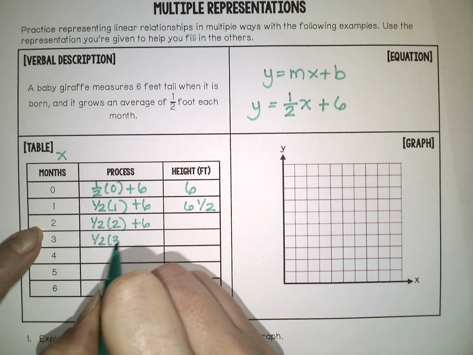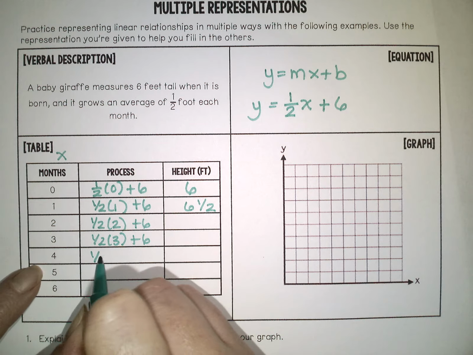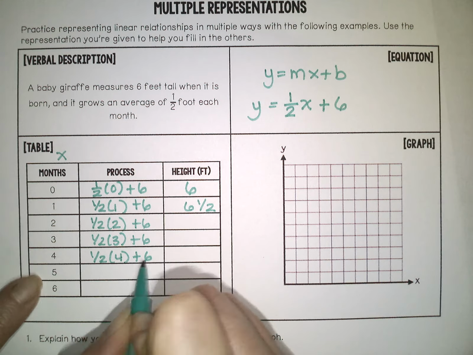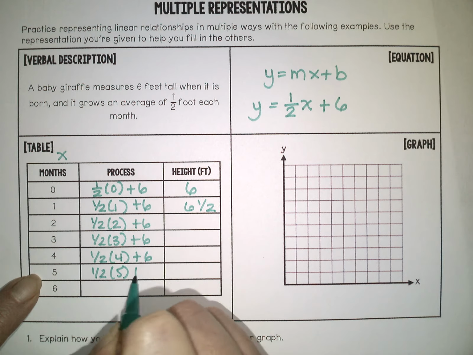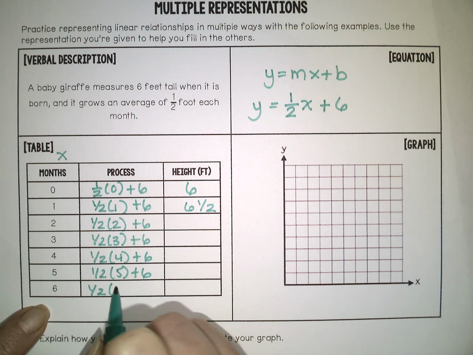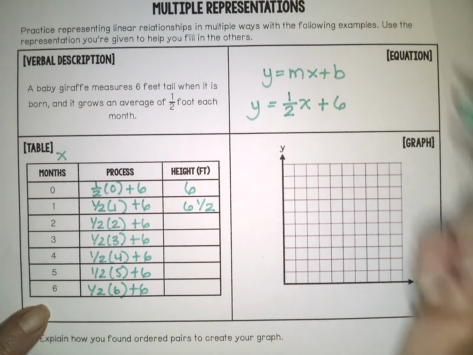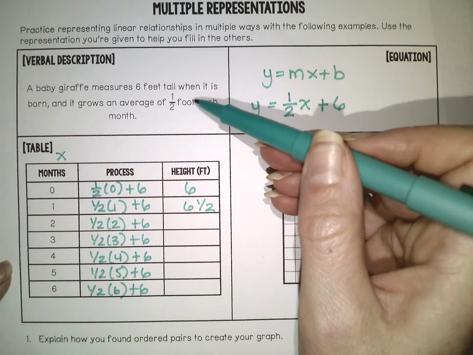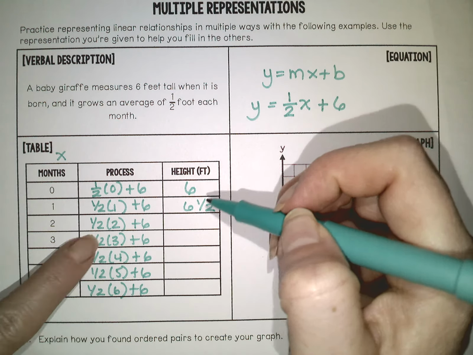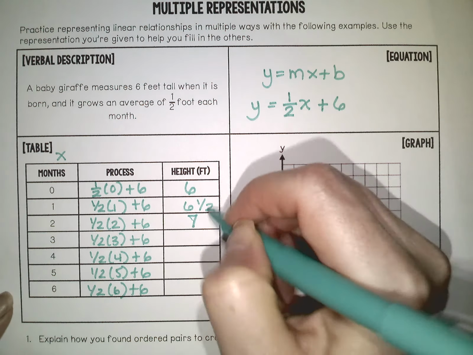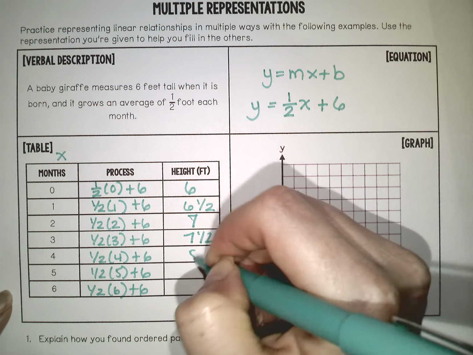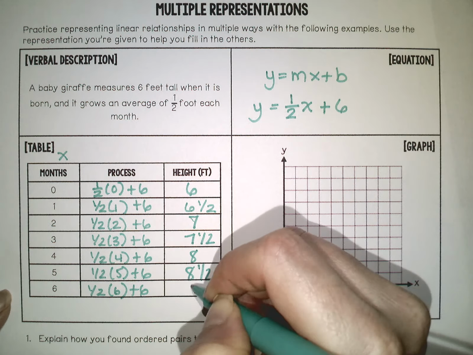And you could keep going and plug in all of your pieces of data here, but I think you're starting to see the pattern. Every month, he grows a half a foot. So half of 2 is 1.